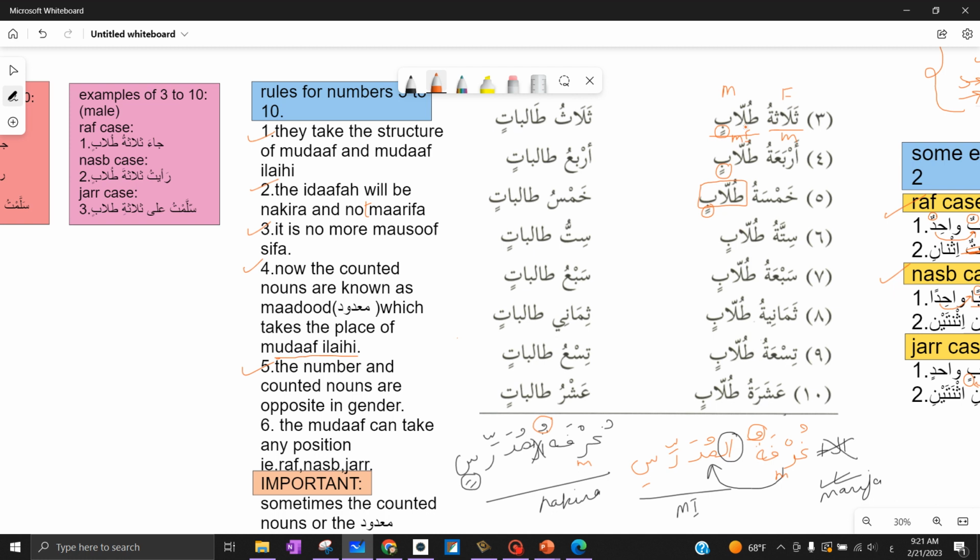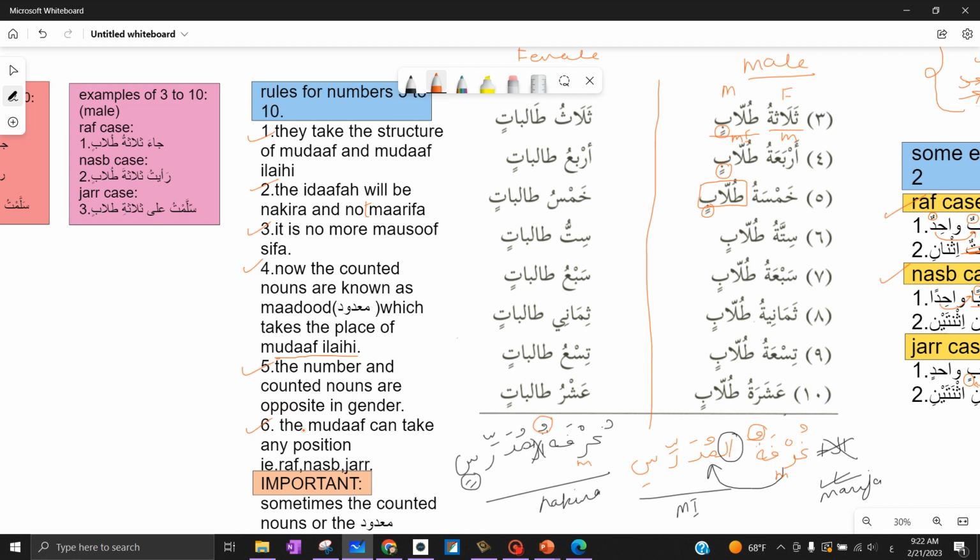So one may ask, how do I know these numbers are for male and these numbers are for female, there are two columns. How do you know? By looking at the counted nouns. If you check the counted nouns first, you will know whether these numbers are for male or for female. I will discuss this later after explaining the rules.